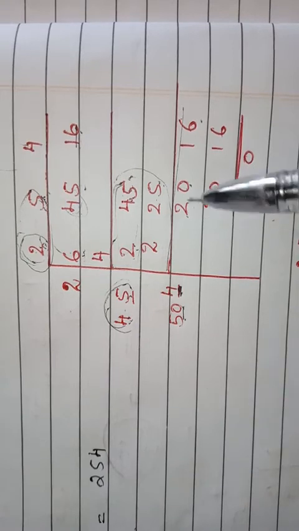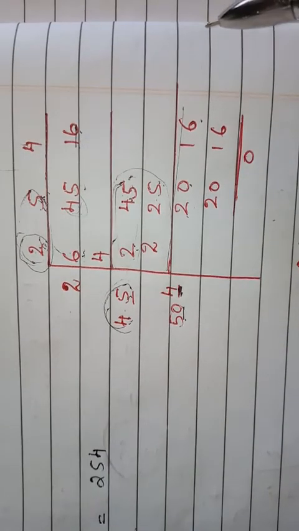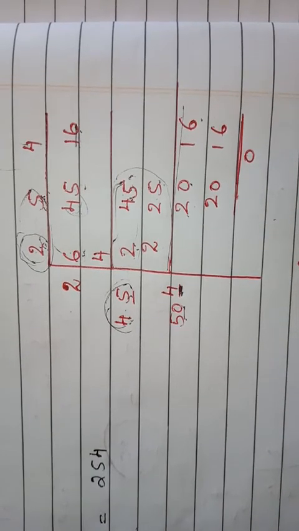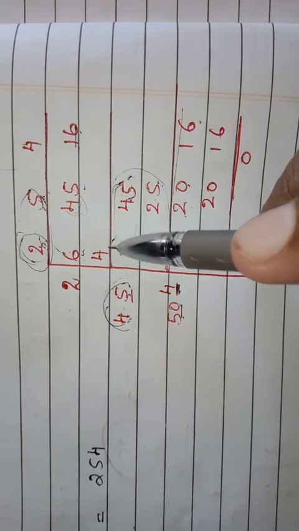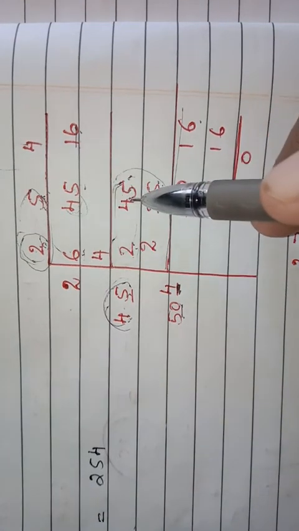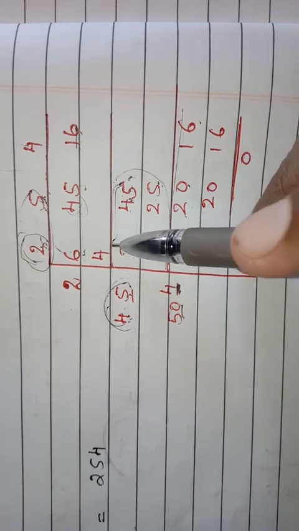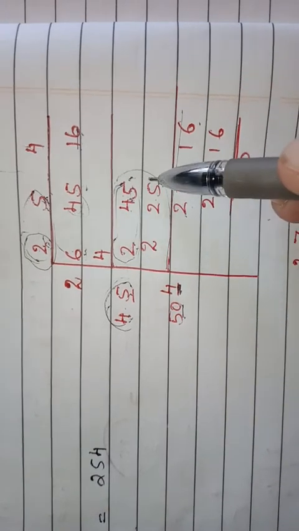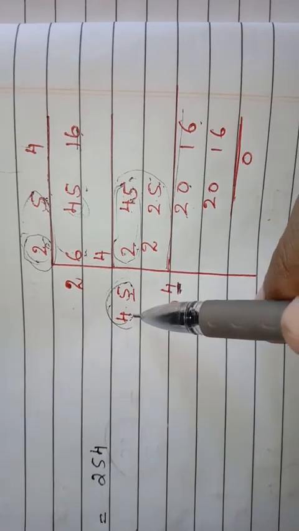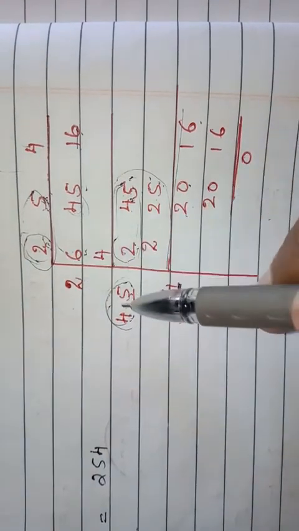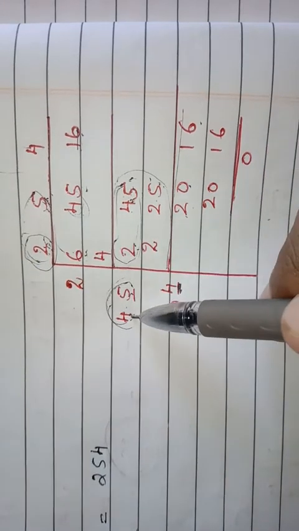Then step 4, after finding the new divisor we take the digit chosen in such a way that the product of the new divisor and this digit is equal to or just less than the new dividend. So after taking the next period 45, the new dividend becomes 245, and to find the divisor we first double the quotient, then 2 multiplied by 2 becomes 4.